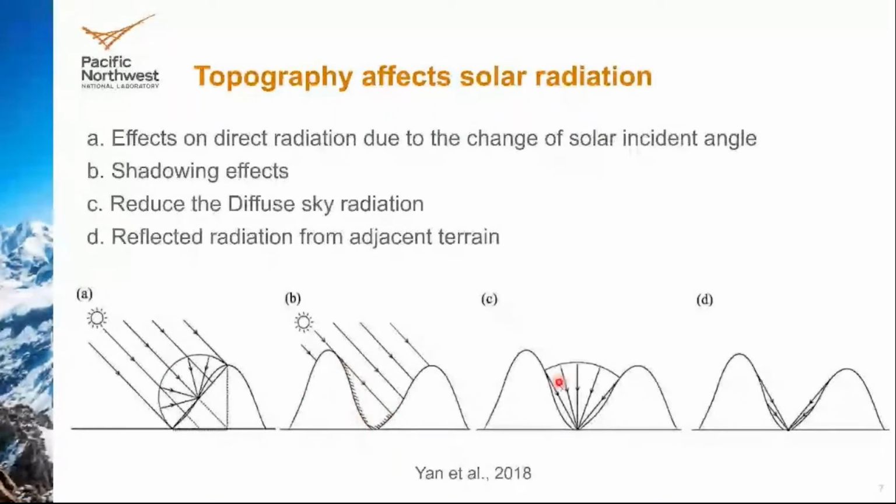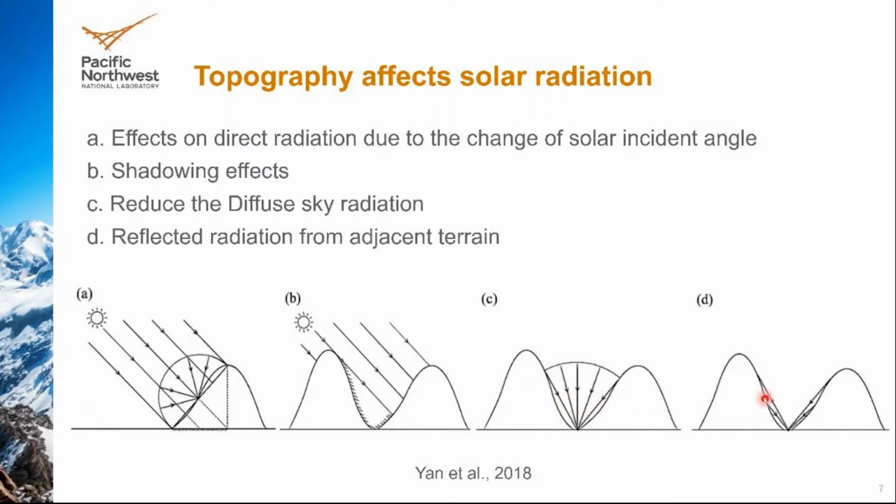Figure C shows that diffuse radiation can also decrease. This is because for a flat surface, the diffuse radiation comes from the whole hemispherical sky, but for the mountains, a point like this just receives the energy from part of the hemispherical sky.